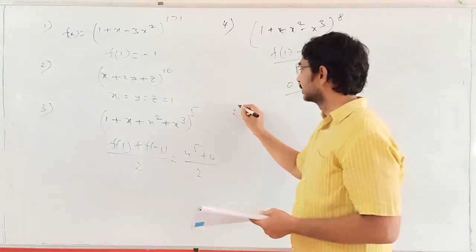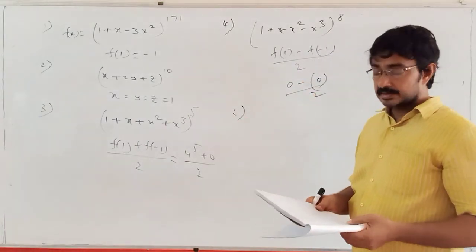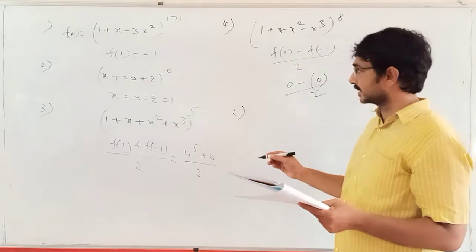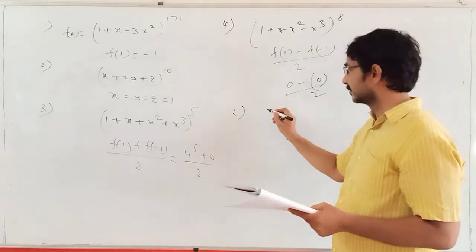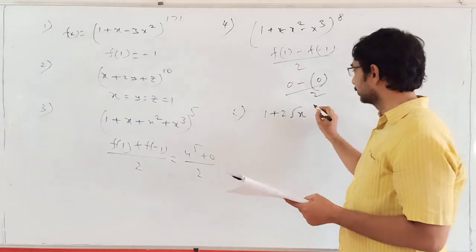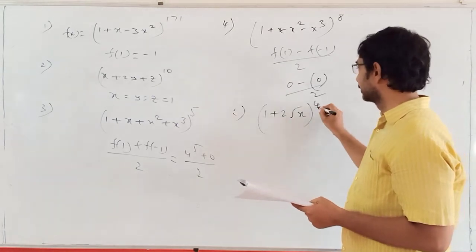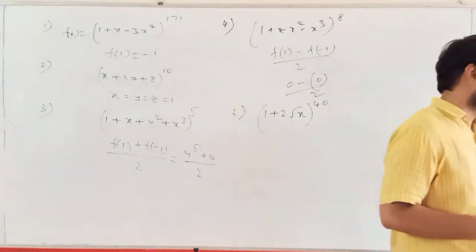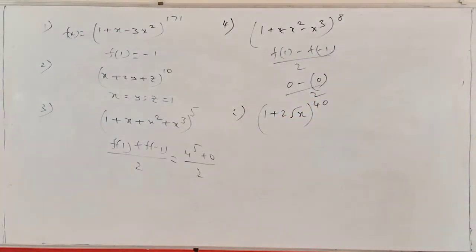Next, fifth one. Sum of the coefficients of all the integral powers of x in (1 + 2√x)^40. So this is a new one. Actually, there is no standard result in the above table for this.